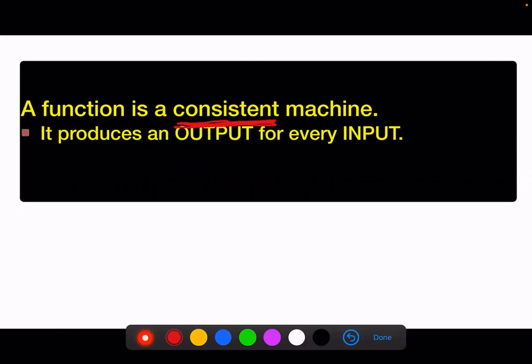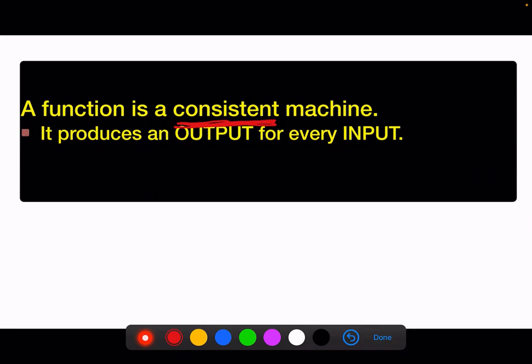So in a relation, that was not mandatory. Okay. So optional था. आप थोड़े elements leave out कर सकते हो. But when it comes to function, आप कोई भी element को छोड़ नहीं सकते. So you cannot leave out. So it actually produces output for every input. So all elements in the input set are included.